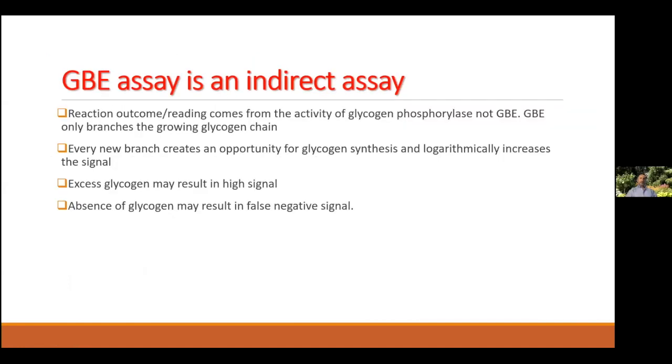So how do we measure the branching enzyme activity, and how does it affect the progress of the disease? This is a little bit detailed biochemical information, but the enzyme assay that we use mostly to diagnose patients with glycogenosis type 4 is an indirect assay.